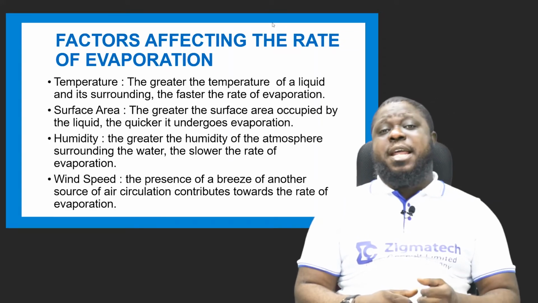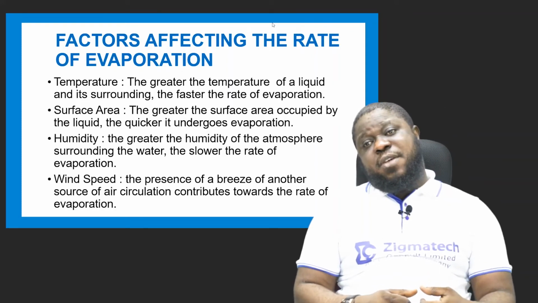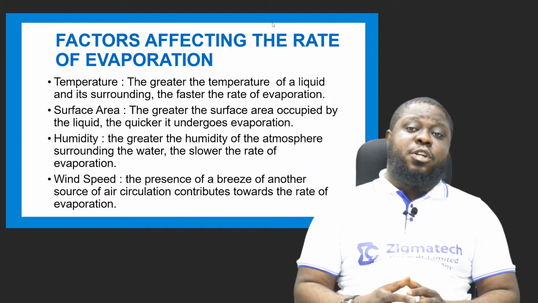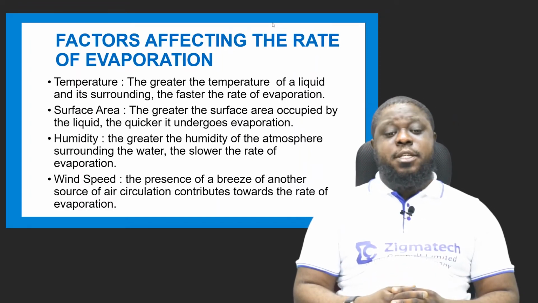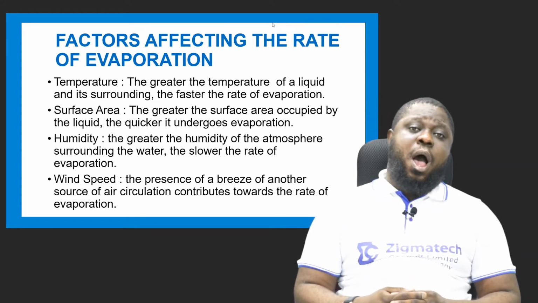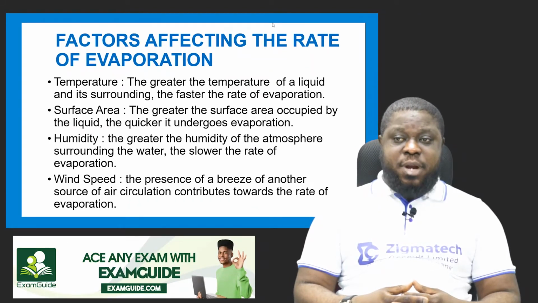Now, evaporation does not like any obstruction. If there's an obstruction, it becomes slower, like the wind speed now. When wind is blowing on an object that is evaporating, it makes it slower, because at that point it does not have a free will of exposing its energy, force, and strength.